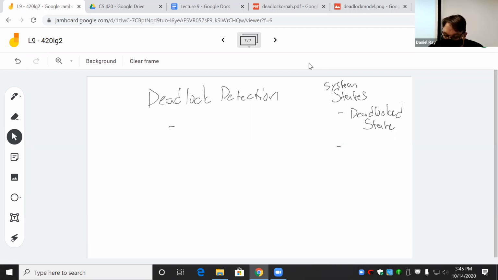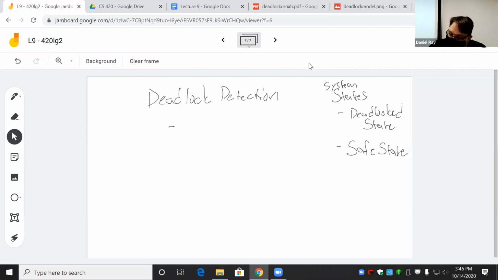There's also this notion of a safe state. In some way, they are inverses of each other. A safe state is one where no matter what transitions happen, we will never get to a deadlocked state from the current state.